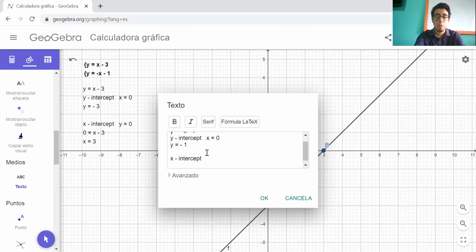Then I'm going to replace in here to obtain the x-intercept. The x-intercept means that y is equal to 0. So in the equation, I have 0 equals negative x minus 1. y is 0.